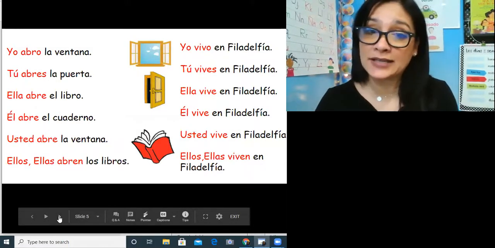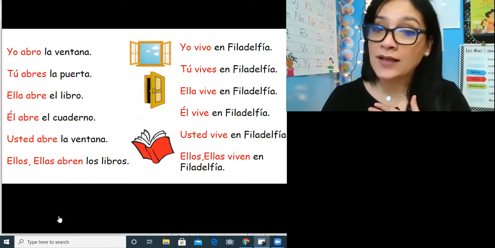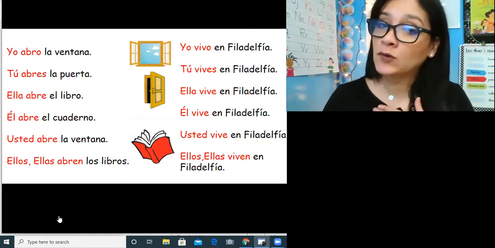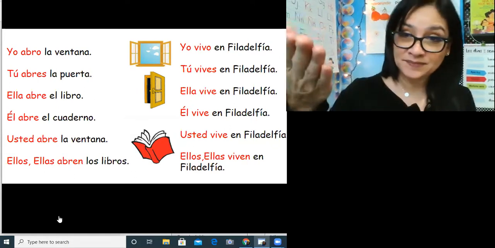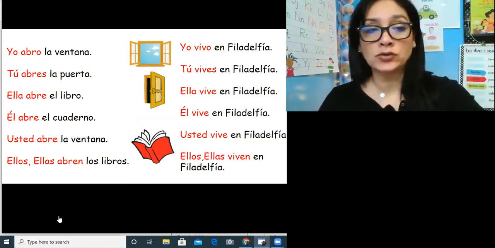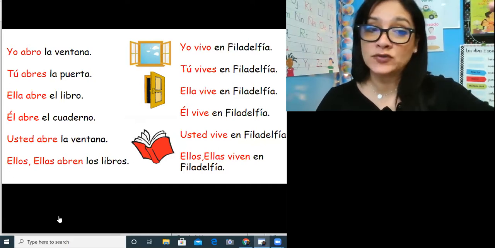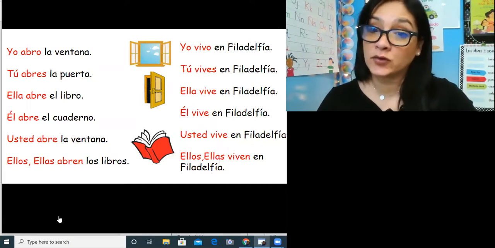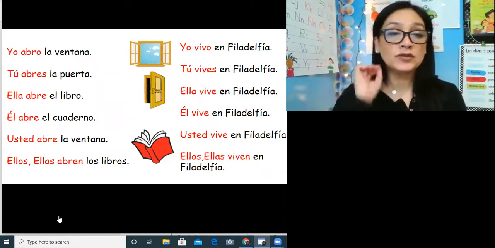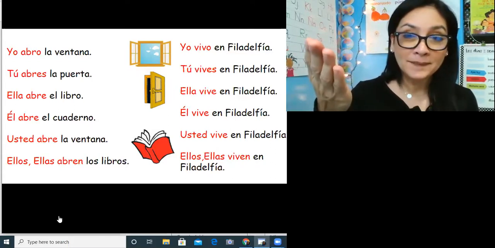Here are some example sentences. To say, I open the window, yo abro la ventana. I live in Philadelphia, yo vivo en Filadelfia. And if you notice, I broke it apart: yo, tú, ella, él, usted, ellos, ellas. And you'll see the conjugation of each of those verbs in each one of those sentences. To say you open the door, tú abres la puerta.